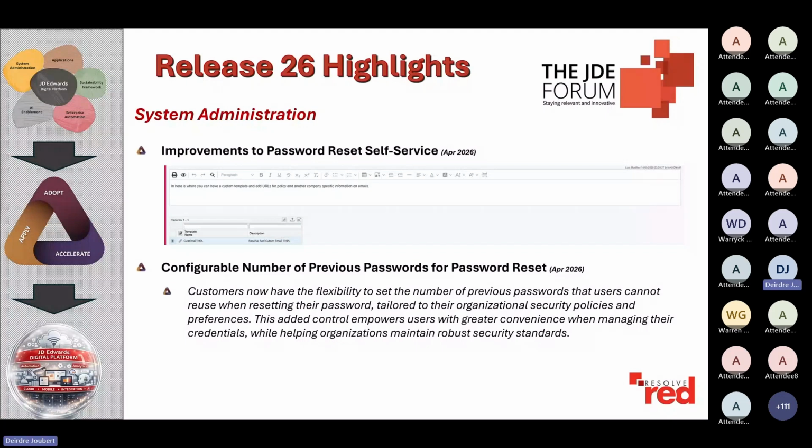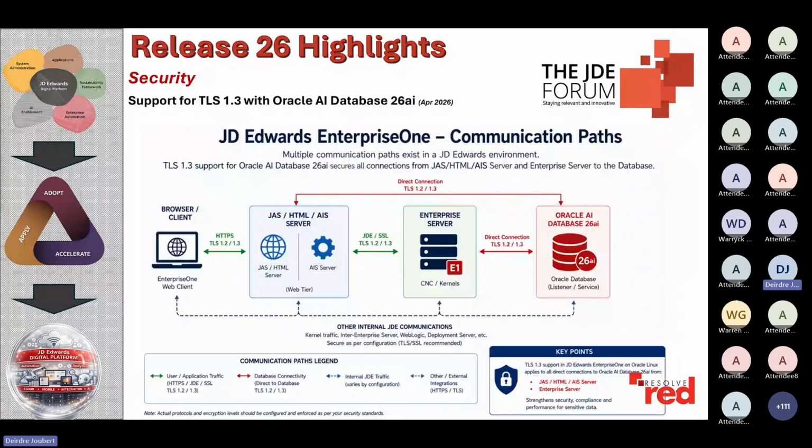On the security component, the AI database connected on Oracle Linux. As you may be aware, the AI database is available on-prem, but only on Linux environments, Oracle Linux environments.